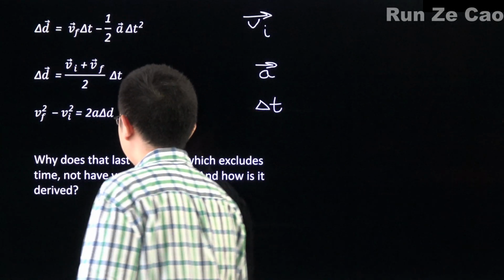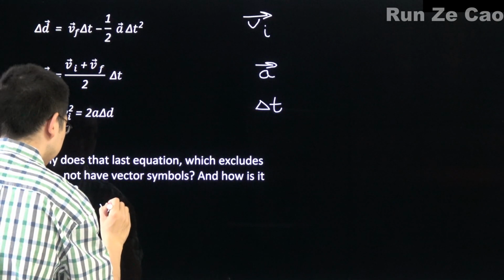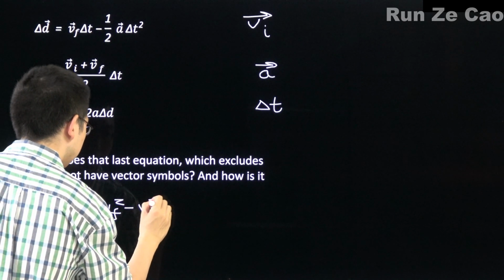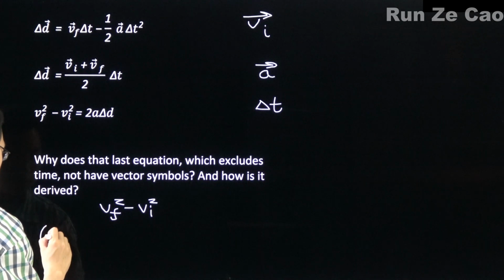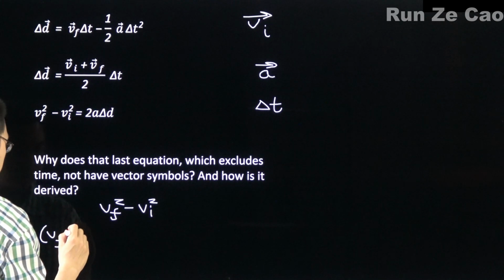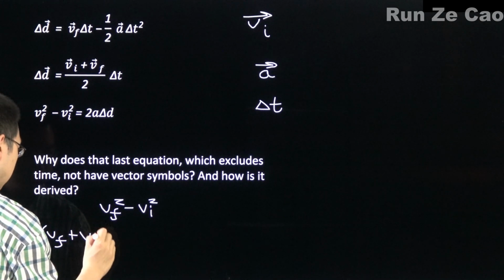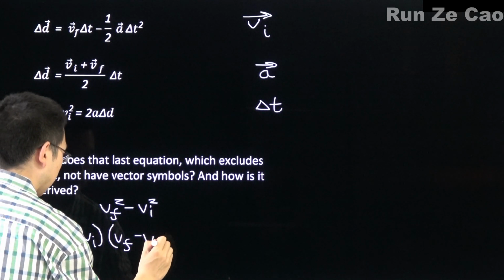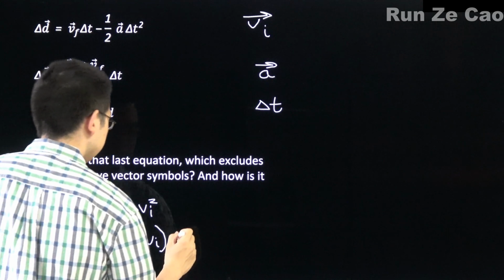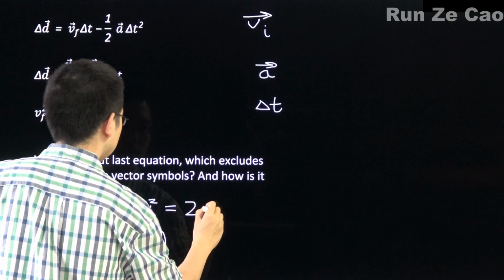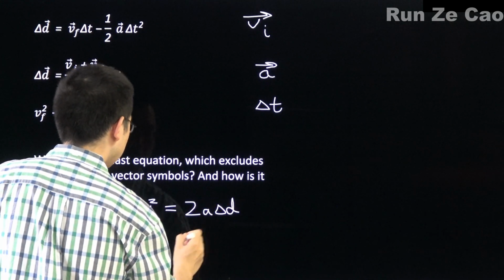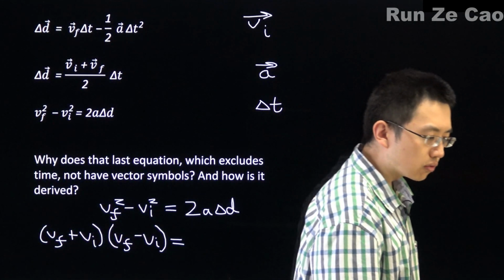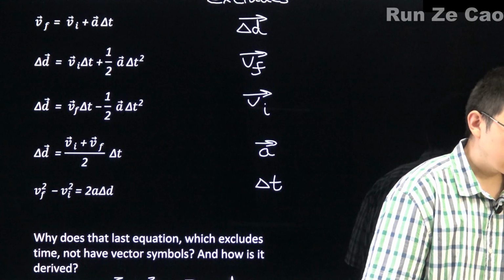Now, how is it derived? Well, difference of squares says that vf squared minus vi squared is equal to (vf plus vi)(vf minus vi). So this is equal to 2a delta d. How did we relate a and delta d to vi and vf again?